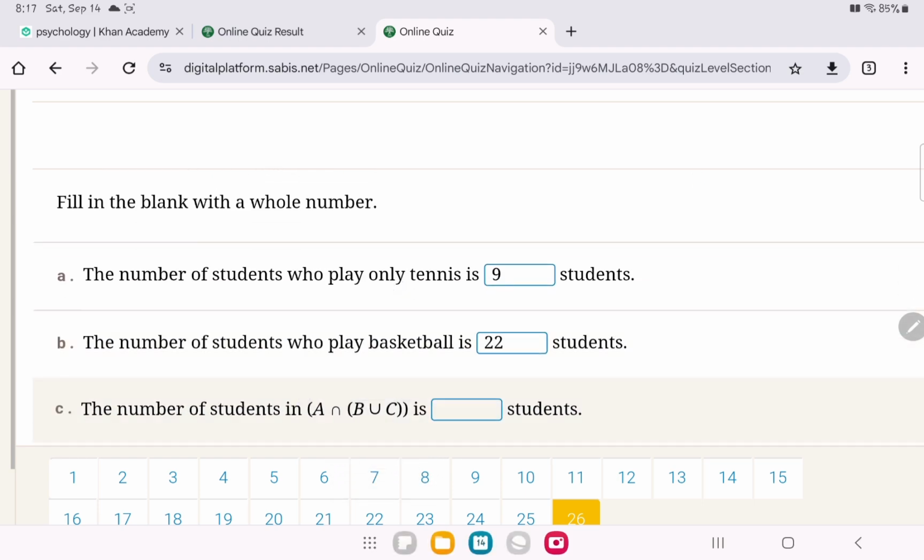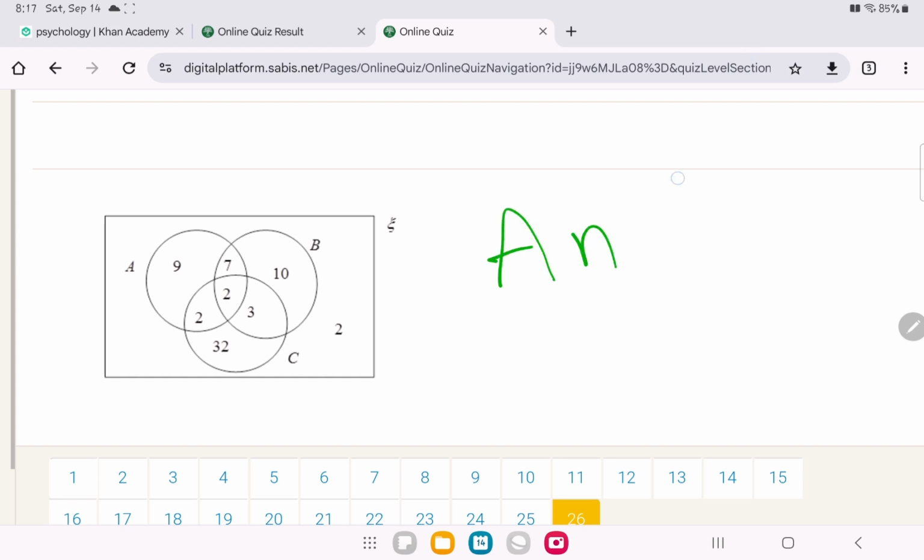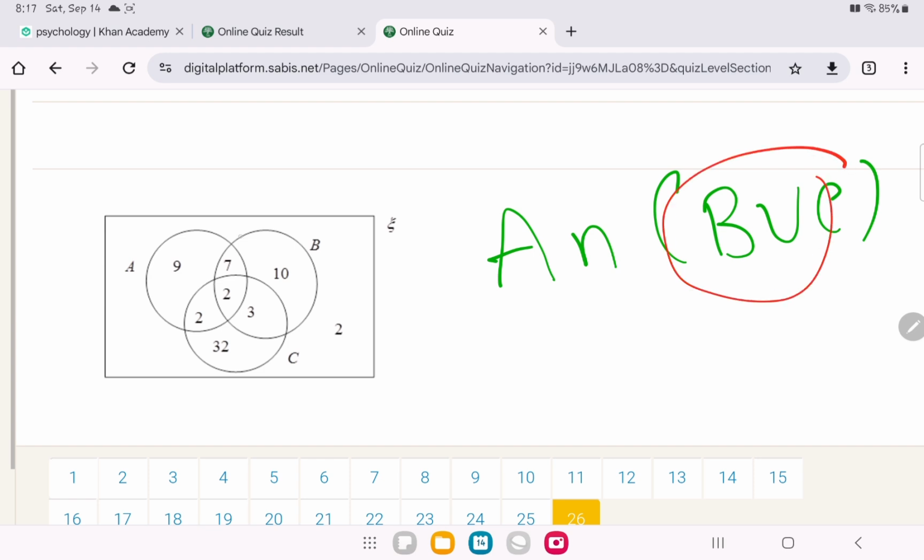And now finally, this is very important. It is what? A intersection B union C. Now, B union C is everything in B with everything in C. We finished B union C. Now we need what?